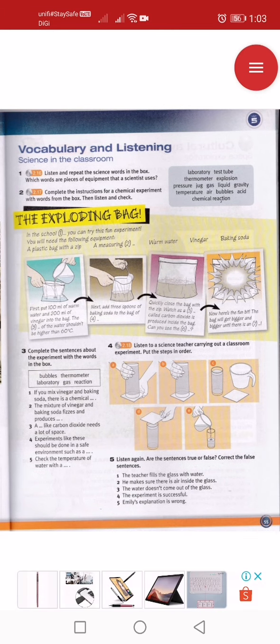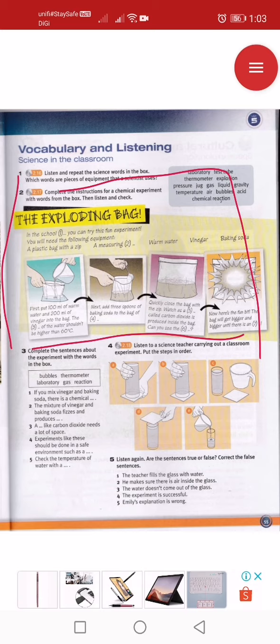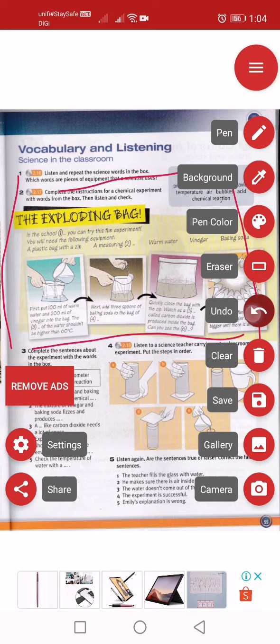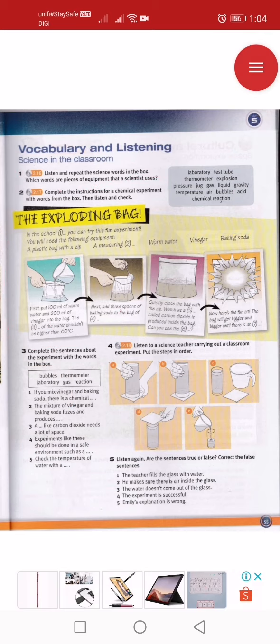Right now, I'm going to open and let you listen to a short audio. And then you have to fill in questions 1, 2, 3, 4, 5, 6, 7 using the words here. Only 7, yeah? So listen carefully.